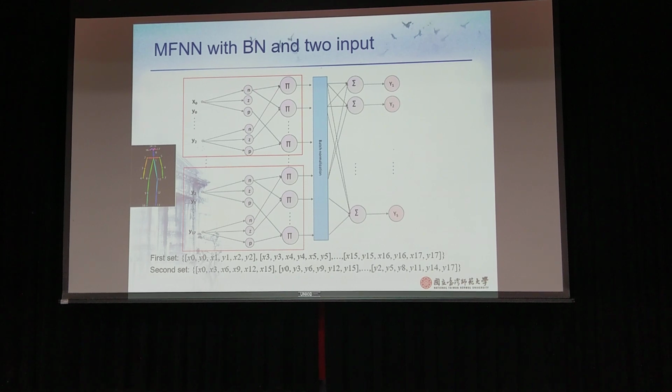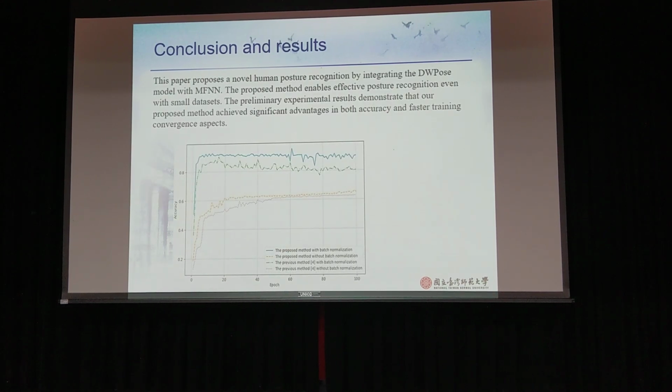I compare to someone using multiple neural networks to do the classification, but I made some modifications in the polynomial network. In a multiple neural network, sorry. Yes. By adding another set and merging them in different ways, I can get a higher performance than the previous method.